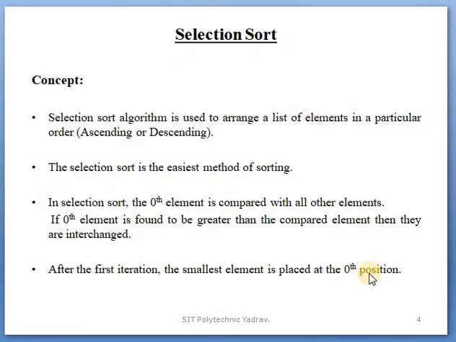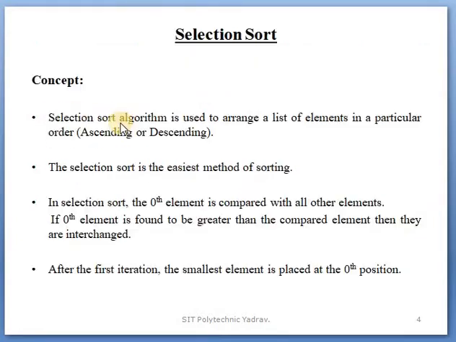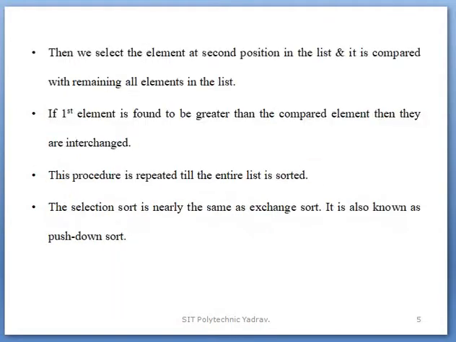In the first iteration we compared the 0th element; in the second iteration, if the selected element is found to be greater than the compared elements, then they are interchanged.